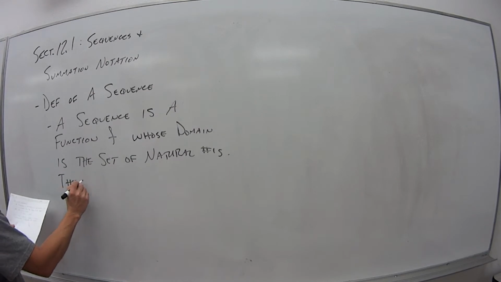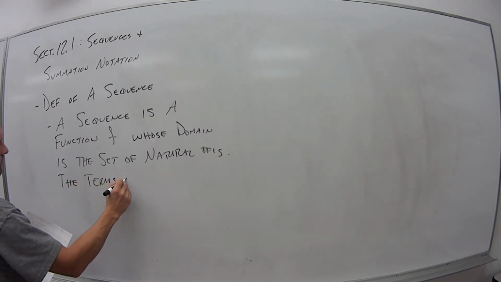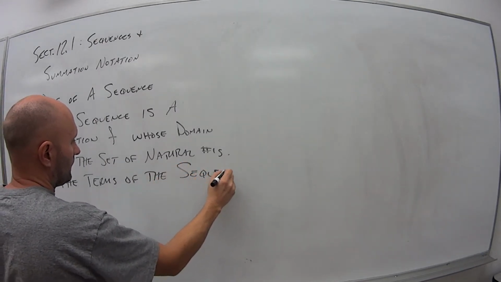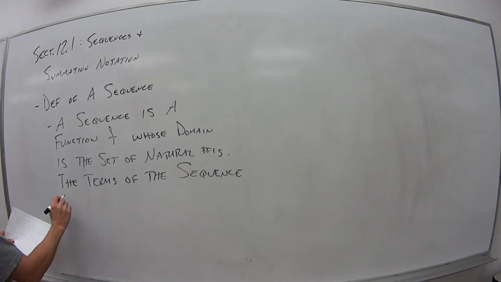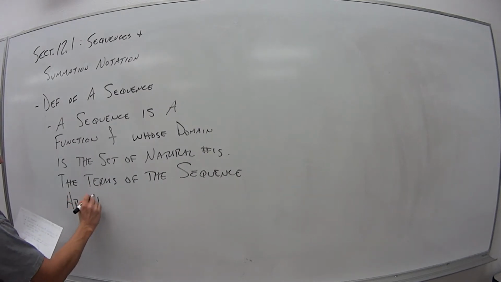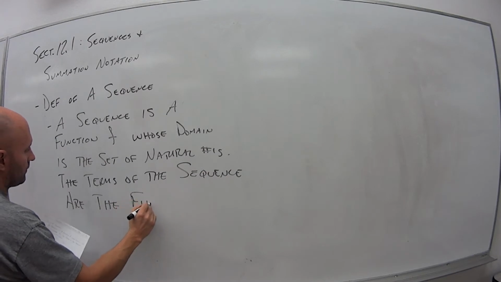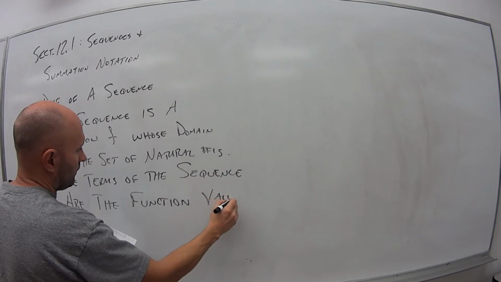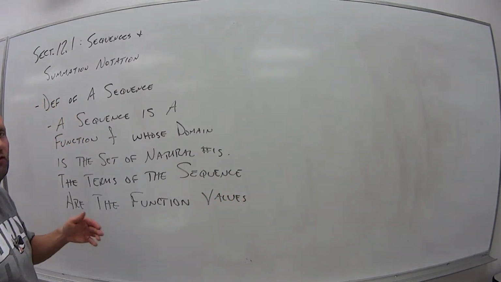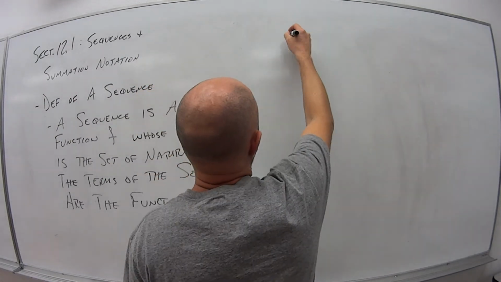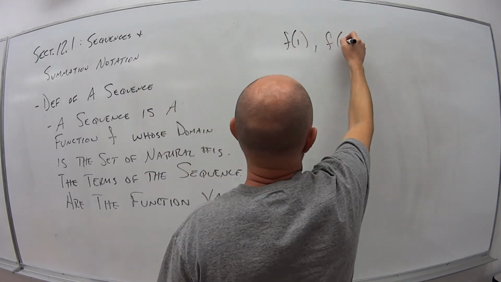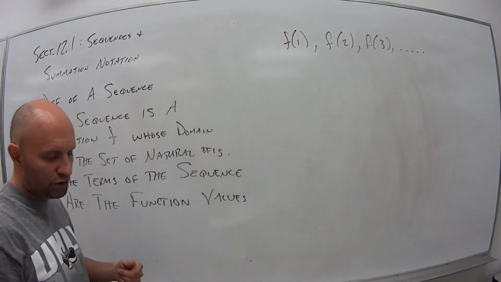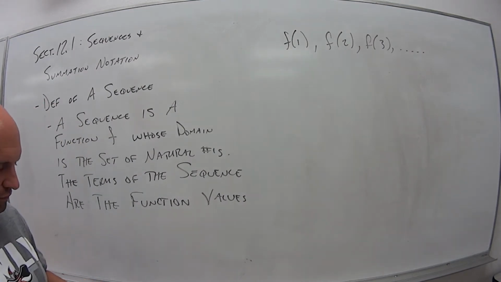So the terms of the sequence are the function values. So if we're just using the counting numbers and putting it into the functions, what do we get? We get f of 1, f of 2, f of 3, and so forth. So whatever our function is, we're just plugging in those values.